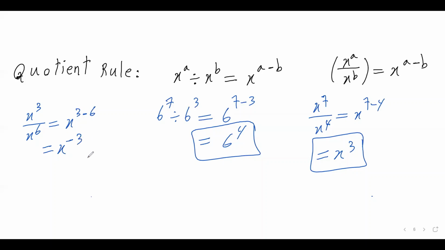But we don't want negative exponents, so I have to turn this negative exponent into a positive exponent. As we talked about, we can just turn a negative exponent into a positive by moving it from the top of the fraction to the bottom of the fraction. So this equals 1 over x to the power of positive 3. So this is our answer.